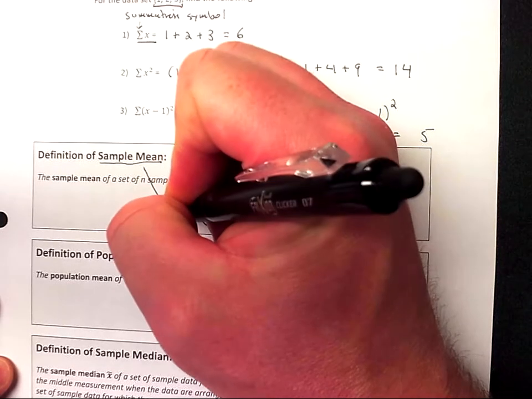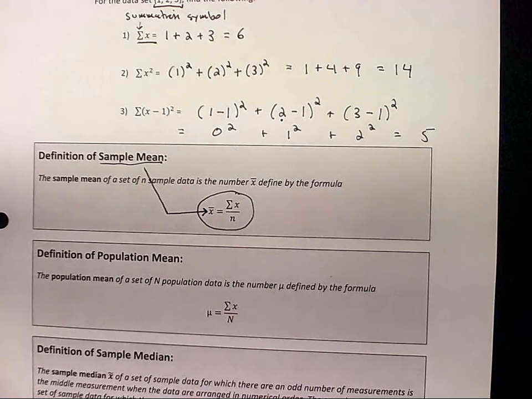So here's our formula for the sample mean, but importantly, x bar in particular is the symbol for the sample mean. This is something that's going to be really important for you guys to remember. The symbol for the sample mean is x bar. That's definitely something that you're going to have to remember.